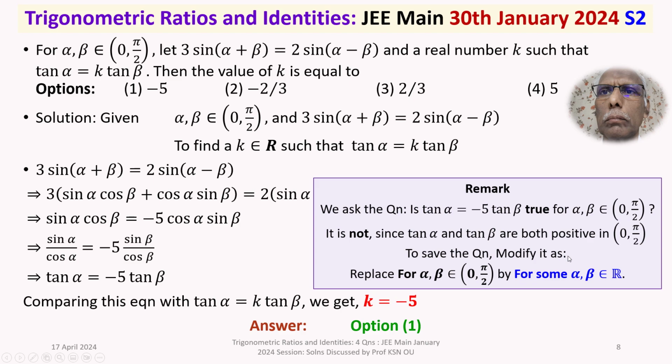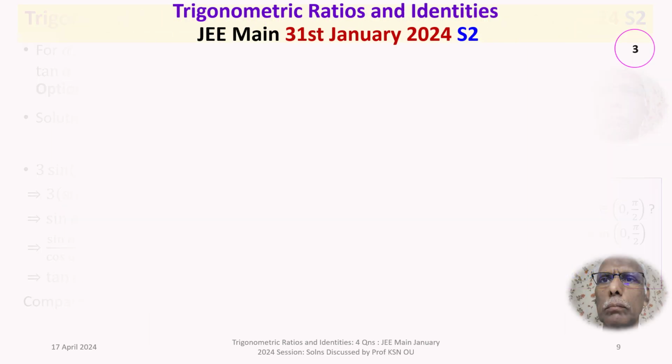So that is the detailed discussion and criticism of the given question. Now let's move to the next question. This question appeared in the JEE Main exam held on 31st January 2024 in the second shift.